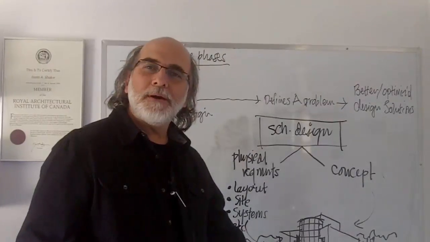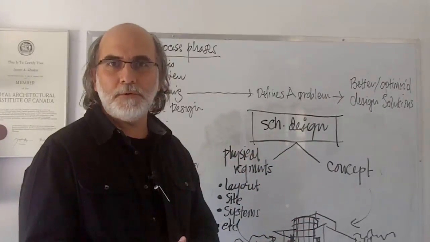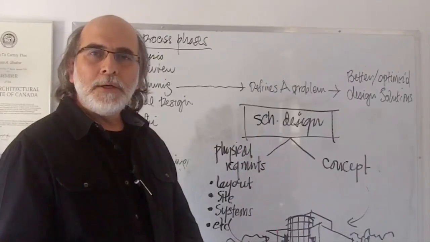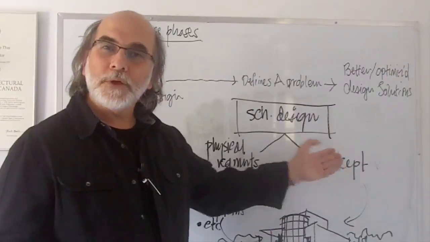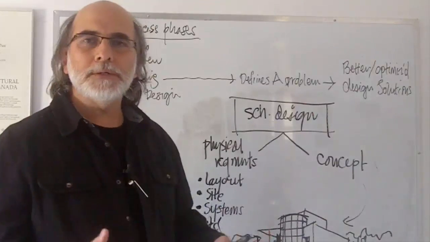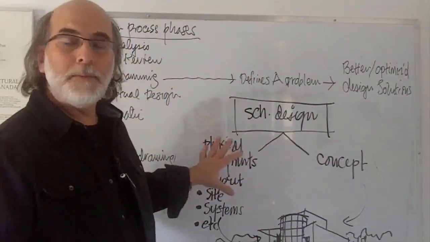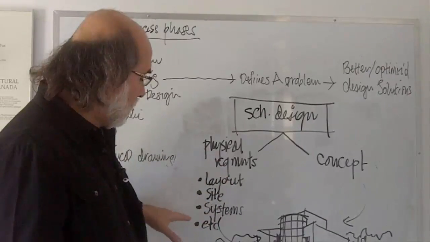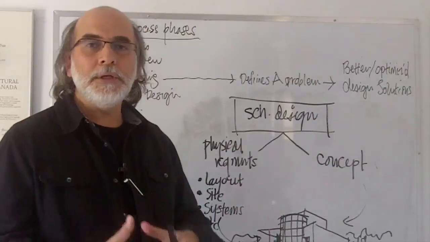Now, as a conclusion, I would like to discuss what we've reviewed in the last two videos, especially in this video. So we conclude that the schematic design is the stage where we take care of two elements: the inspirational element, or the concept that comes from the mind, from brainstorming with the owner and the many explorations that the architect or the designer does, and also the physical requirements, including the layout, the site, the system used, structural or otherwise, and other elements that are really physical, that express the need of that building.